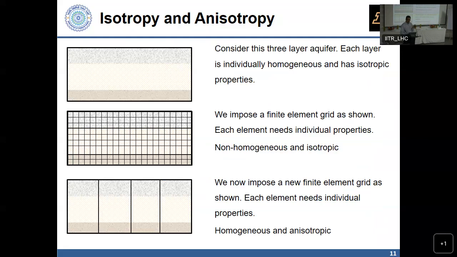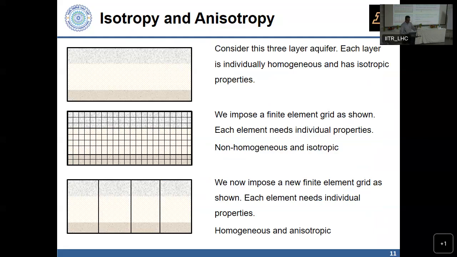So I treat this as an isotropic medium. I go to any element, K sub X and K sub Y, or K sub X and K sub Z, are the same. However, depending on whether my element is here or somewhere else, I would have different properties. So I would basically model this as isotropic but non-homogeneous.